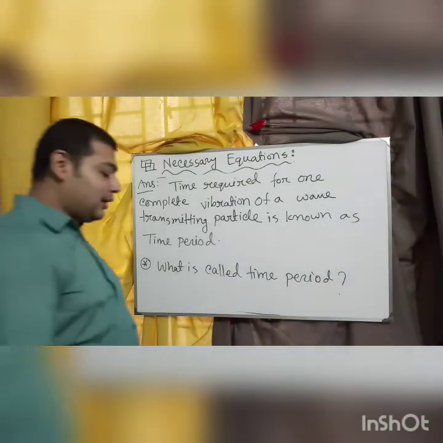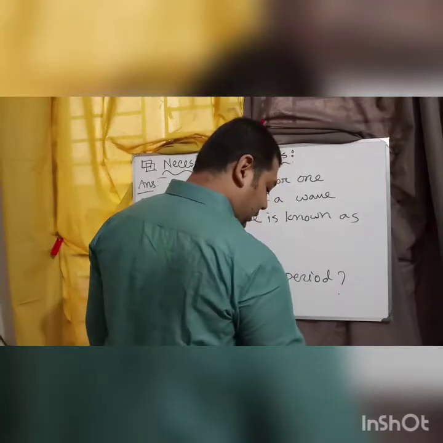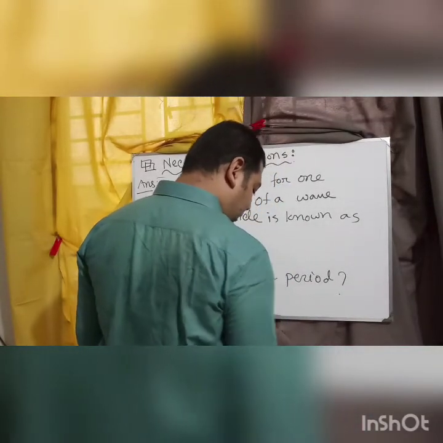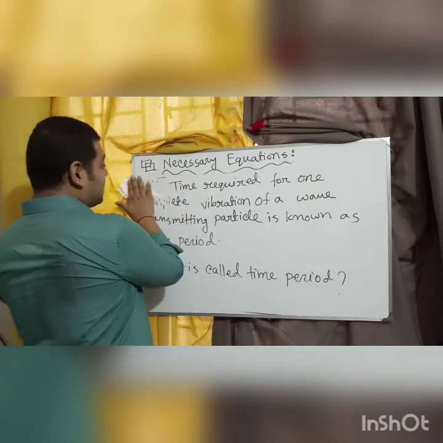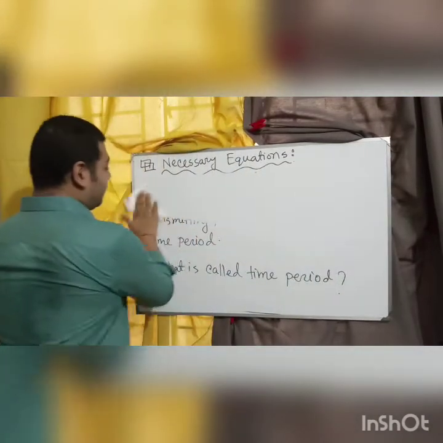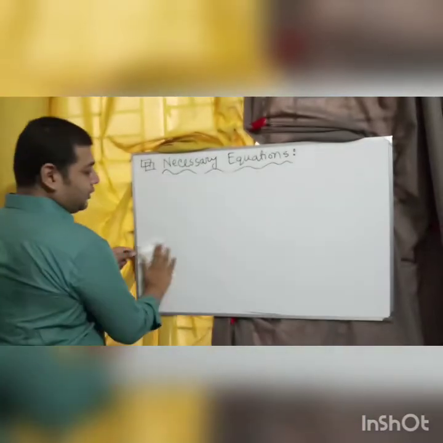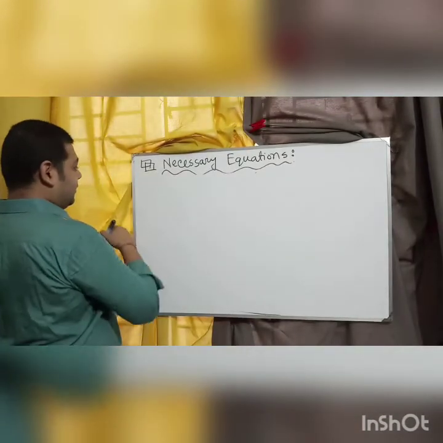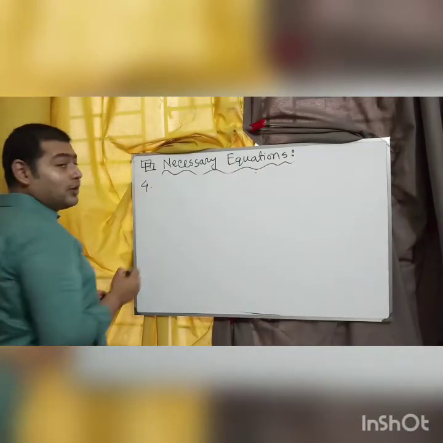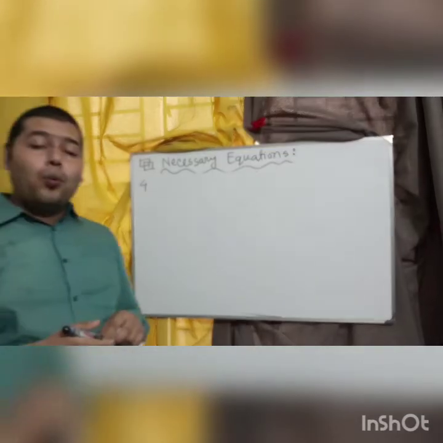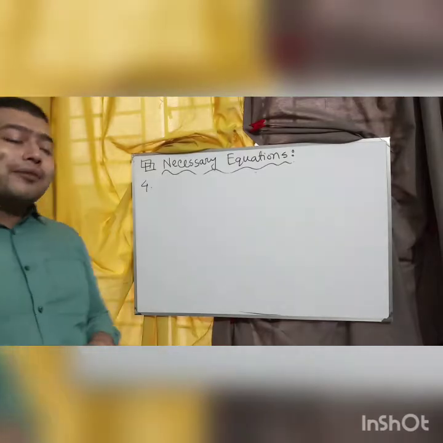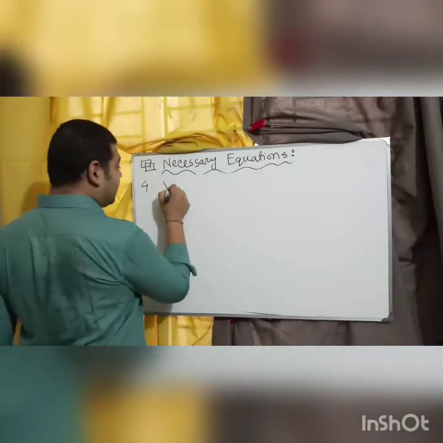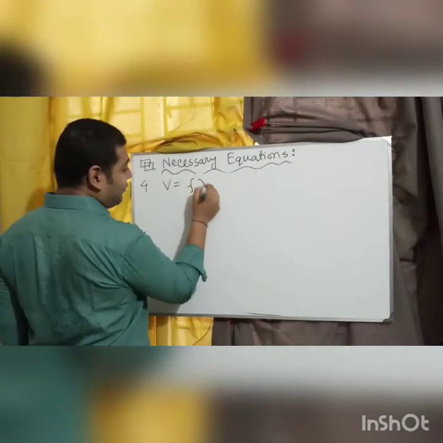Then our next equation is the very well-known equation number 4. The relation among wave velocity, frequency and wavelength is v = fλ.